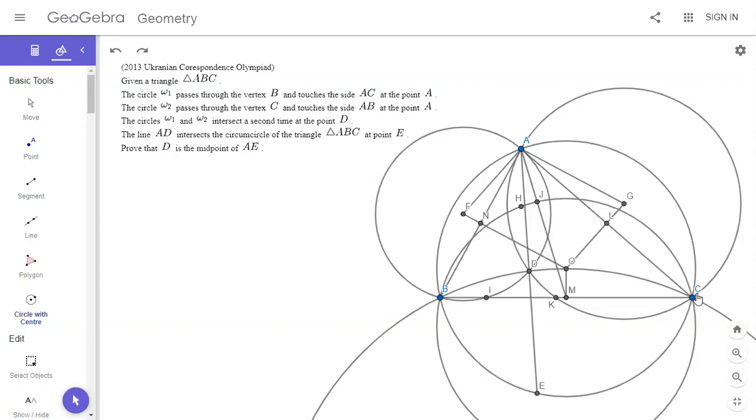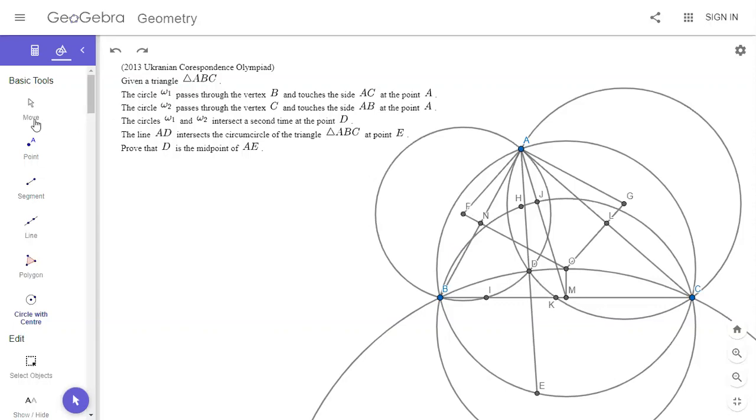So I'm thinking NDL, it's 360 minus N. Yeah, let me see if I can show those are collinear.